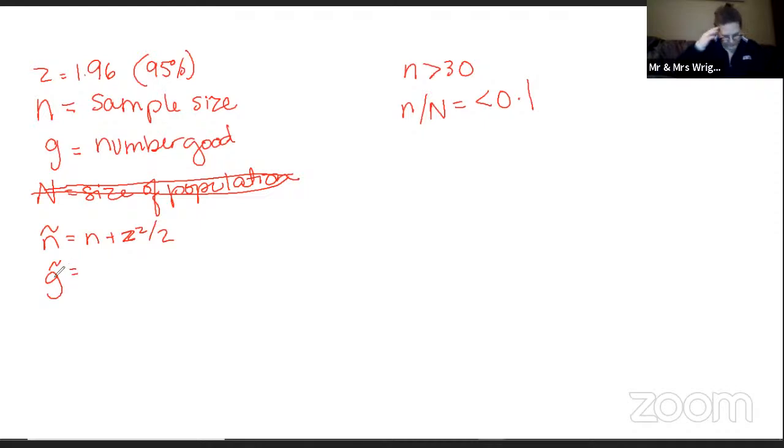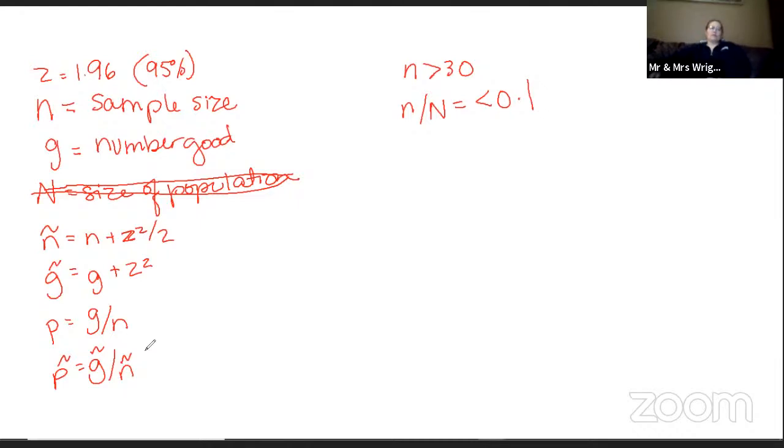Adjusted G is G plus z squared divided by 2. And then your P is G divided by n. And then your adjusted P is the adjusted G divided by the adjusted n. We'll stick with that for a minute and let's fill in this information that we have.